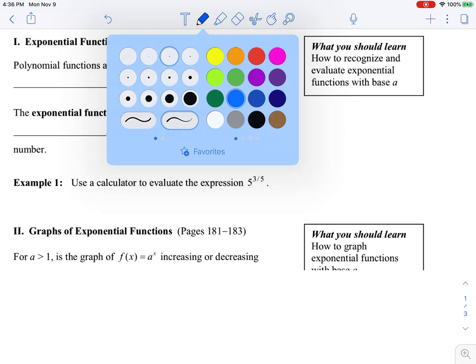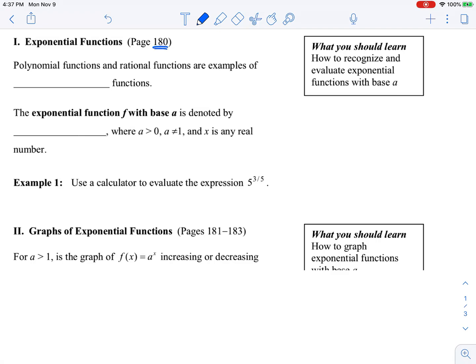Okay, so let's talk about an exponential function. You can read about this on page 180. Polynomial functions and rational functions are both examples of algebraic functions, which are the functions we've been studying. An exponential function, which is new, can be written as f of x equals a to the x, where our variable is in the exponent.